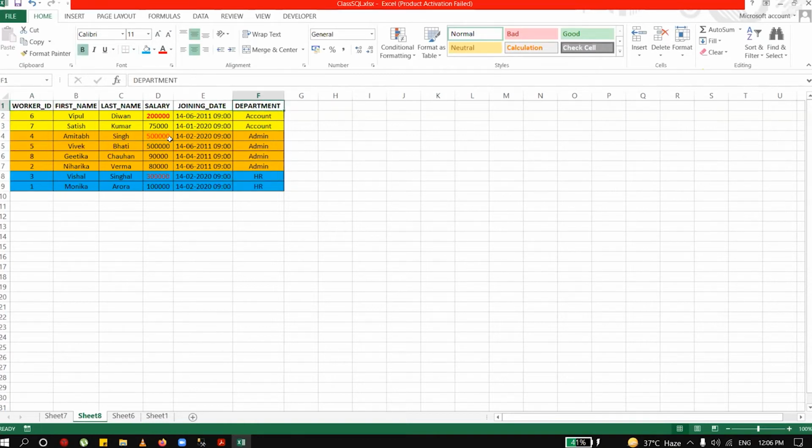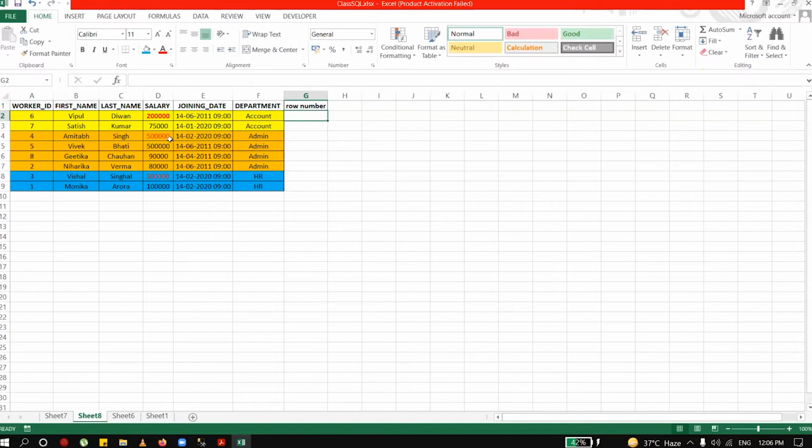Whenever it is two-level sorting, you have to do the partition of the data. Partition, come on, you will understand. You have to understand the difference between row number and rank. Row number is nothing but it assigns a number. So it will be one and put in ascending order.